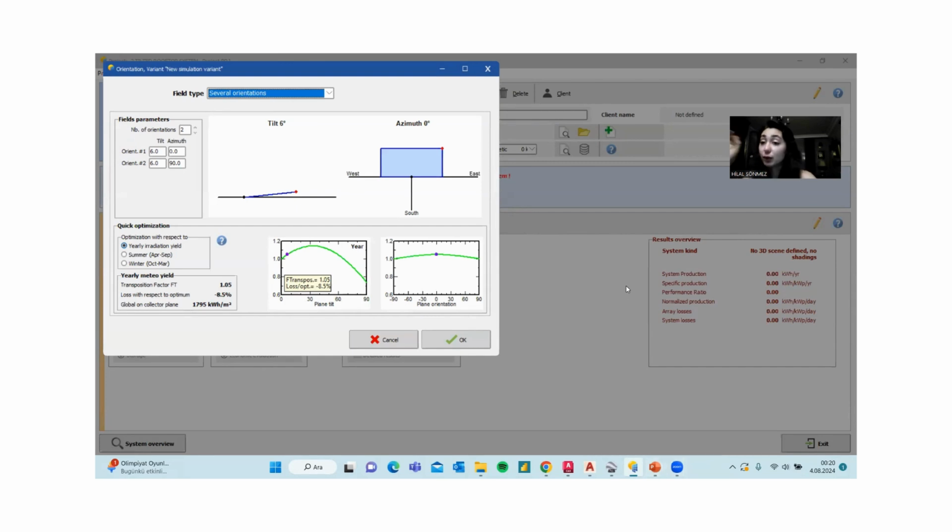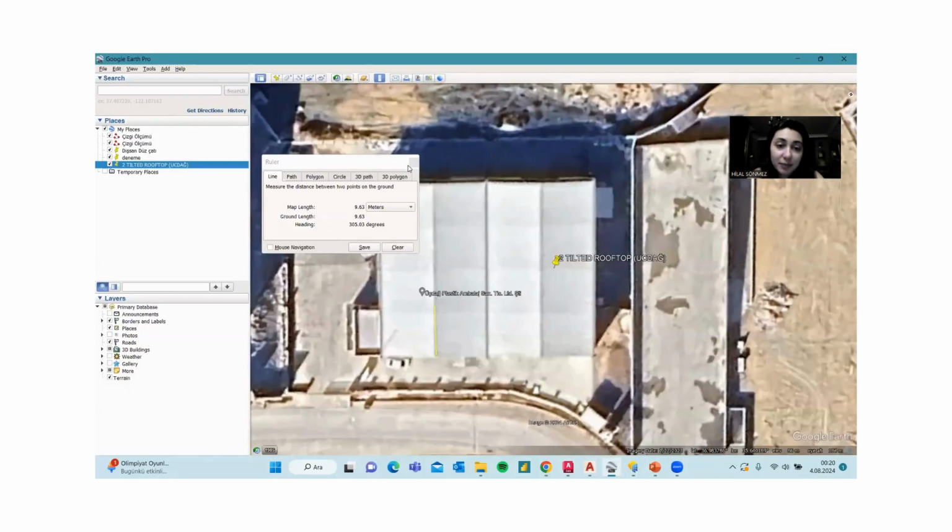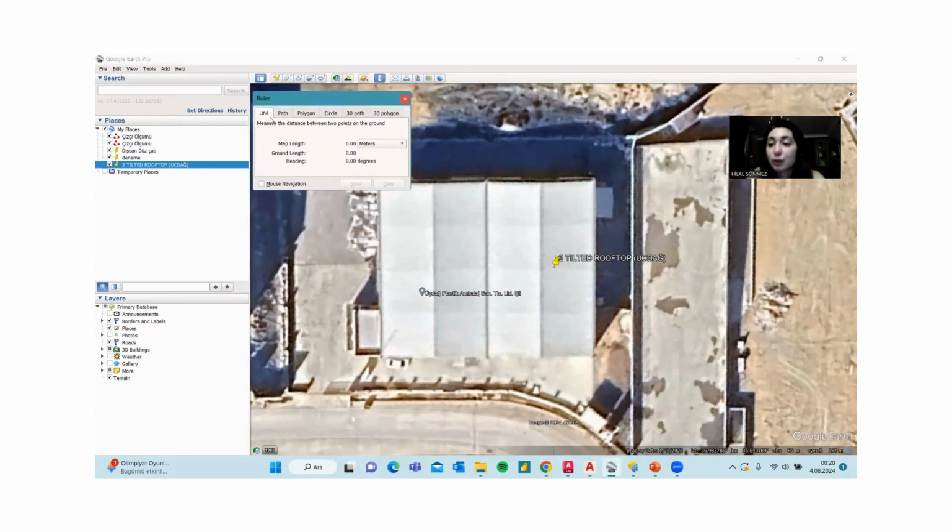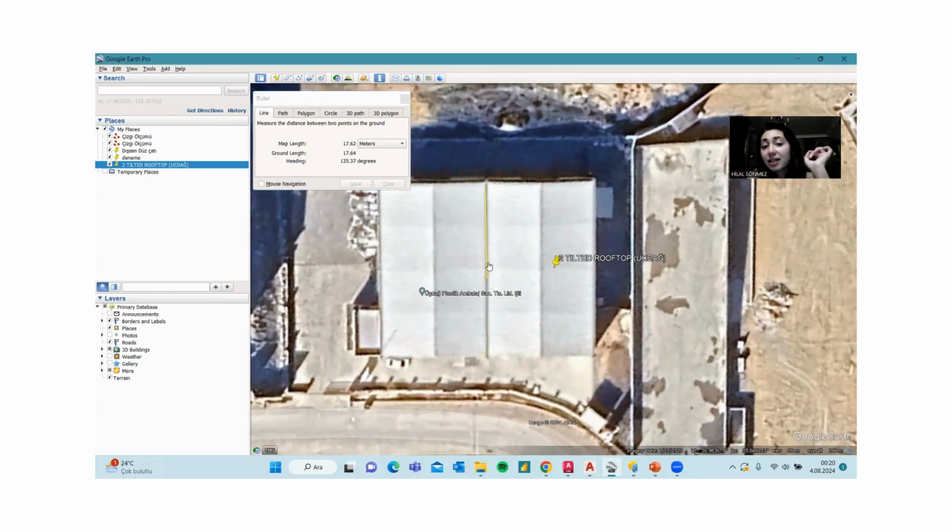In order to calculate the azimuth of the panels, first we should calculate the azimuth of the building. But how will we calculate it? Surely we will benefit from Google Earth again. We will click on the ruler, choose line, and draw the line that intersects the two roofs.